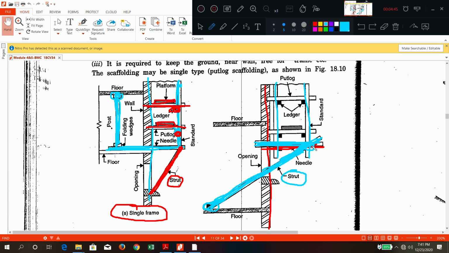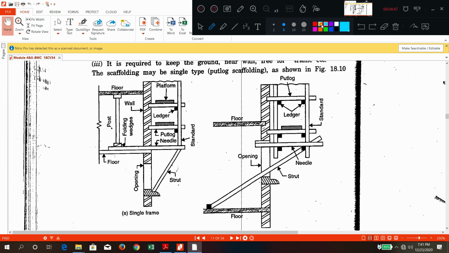Needle beam is inserted here. I will draw once again. First, the needle beam is inserted. To support that, you provide a strut. Once the needle beam is inserted, two frames of standards are put.